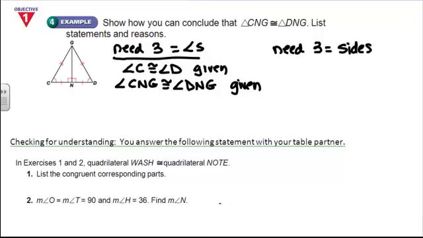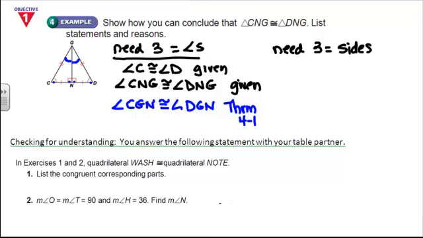But from the theorem I just read, if 2 angles of one triangle, angle C and angle N, are congruent to 2 angles of another triangle, angle D and angle N, then the third angles must be congruent. So I can say that angle CGN has to be congruent to angle DGN because of this theorem 4.1.